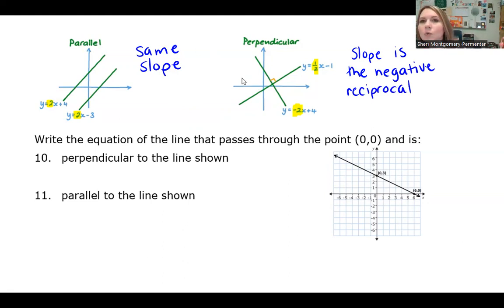So if we look at these, one of them is 1/2. If you flip it upside down, you get 2/1, which is just 2. And you have to make it negative. Or if you go from this one, if it's negative, it's going to turn into a positive. And if it's 2, which is the same thing as 2/1, then it becomes 1/2. So you flip it and you change the sign.